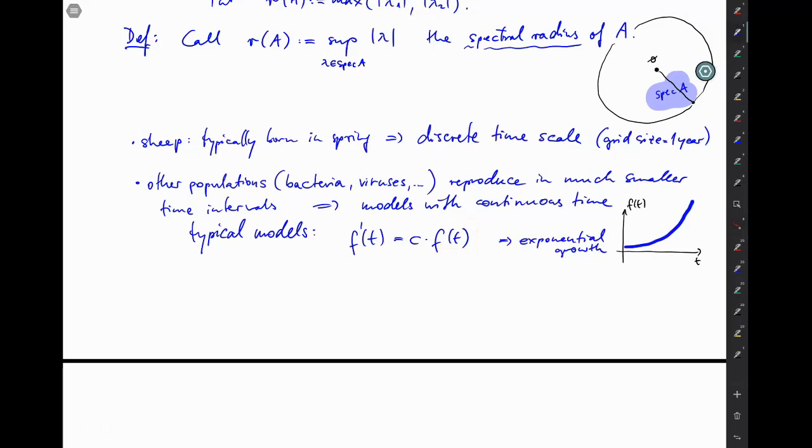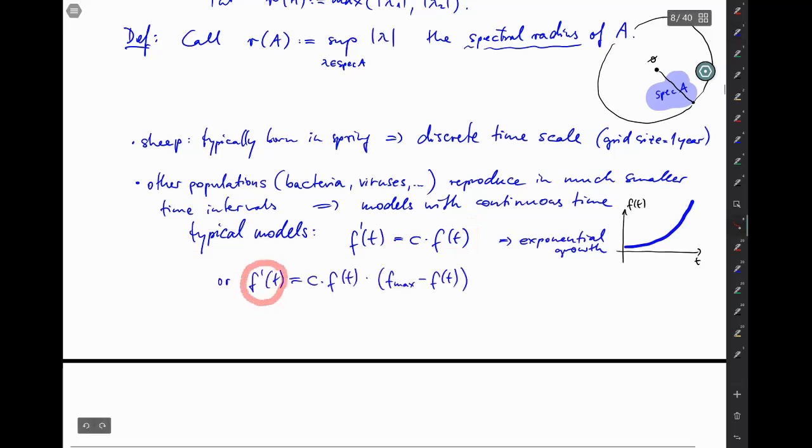Or another model looks like this. The current reproduction or growth rate is proportional to both the current size of the population, but also to the number of individuals that is between the maximum number and the current number.